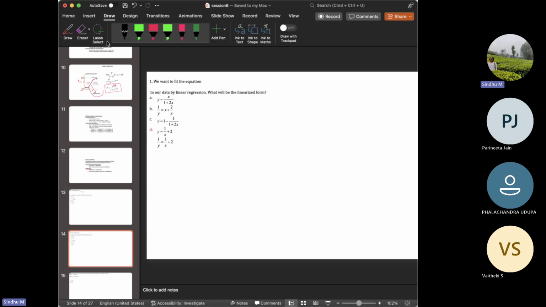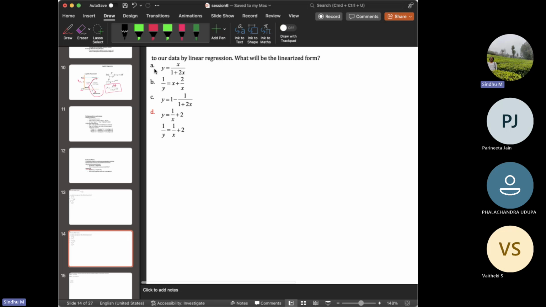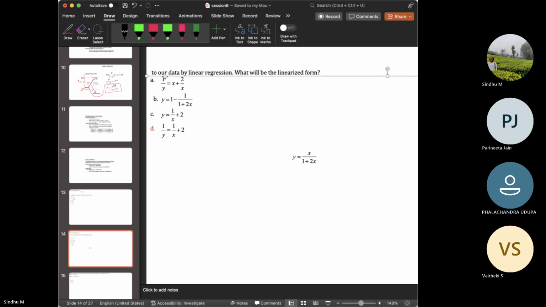Actually, here also this is the question. So this last one is option D. So this is the question, y equal to x by 1 plus 2x.